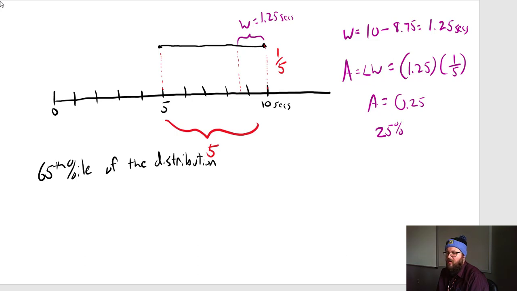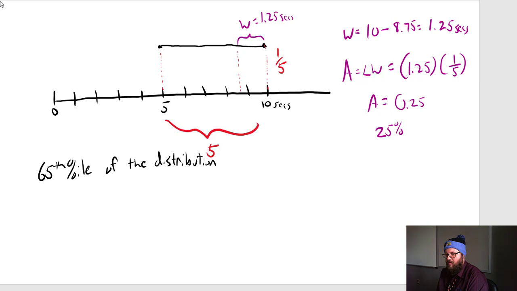Okay. So to determine that, first off, we know 65th percentile, well, that's your area, right? We're just talking about the 25th percentile over here for 8.75, or sorry, greater than that. So for the 65th percentile of the distribution, we're going to say that our area is 65%, because we want to know the area from 0 to the 65% time frame.